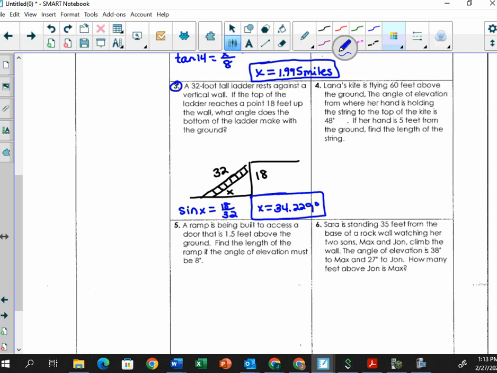So that's why I picked sine. So here's the angle I'm looking at. This bottom side would be adjacent to it. 18 is opposite. You see it?